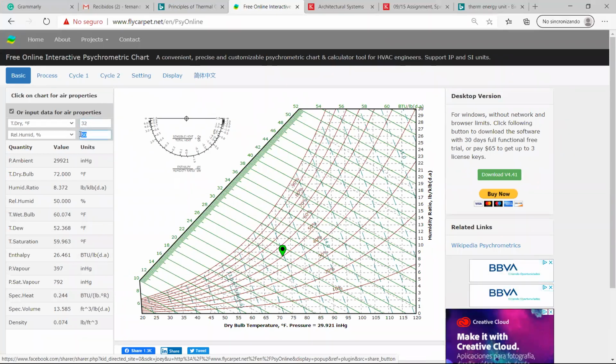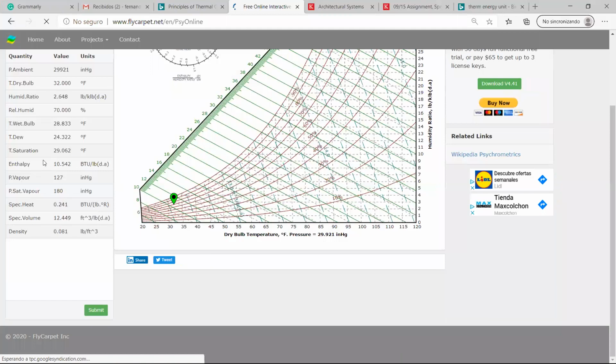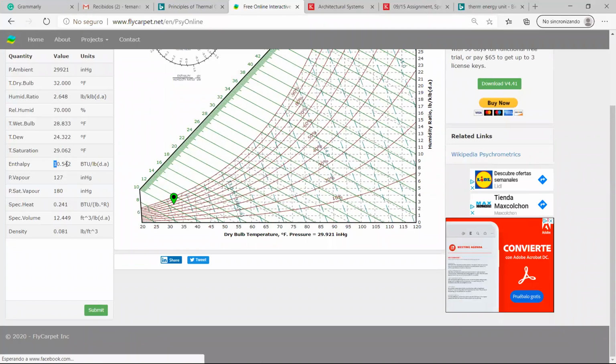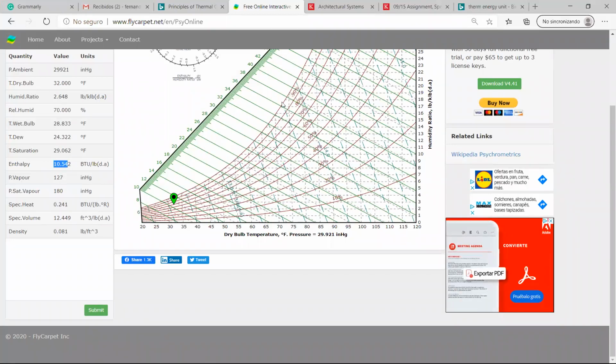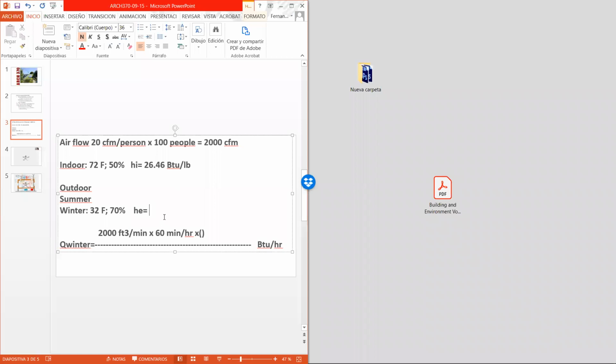The relative humidity is 70. We submit it again. And the outdoor enthalpy is 10.54. There you go. So this is 10.54 BTU per pound.